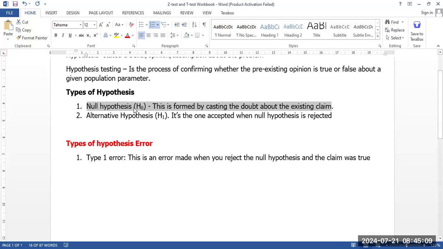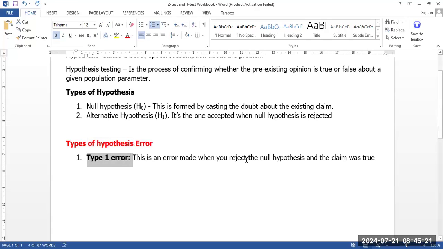In a situation where you reject the null hypothesis and it was true, that type of error is called type 1 error. Are we together, colleagues? You are rejecting a null hypothesis which was true.